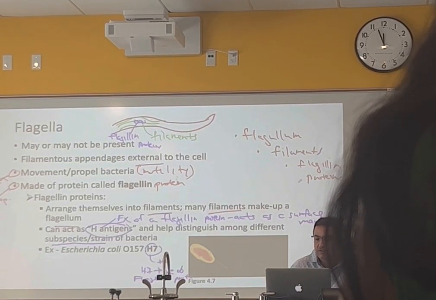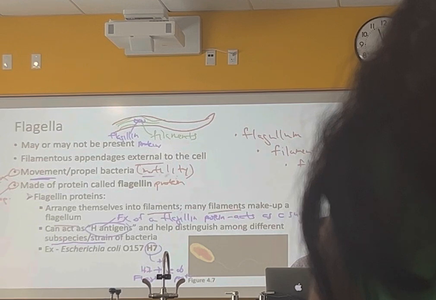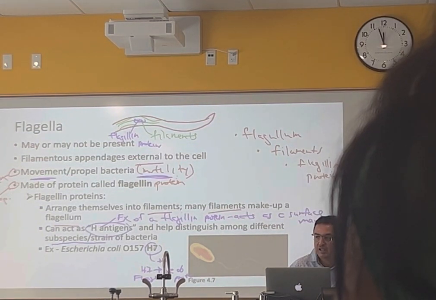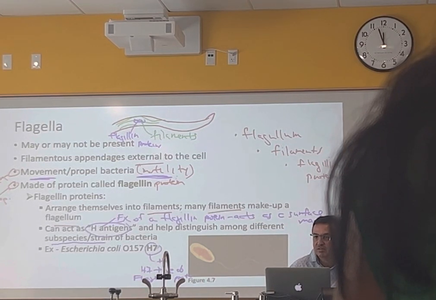If you have flagellum protein, you have filaments which make up a flagellum. What does a flagellum do? So the answer is yes, of course it does move. I know it does because of the H7, the flagellum protein. You have flagellum protein because you have flagella. So yes, it's capable of motility.